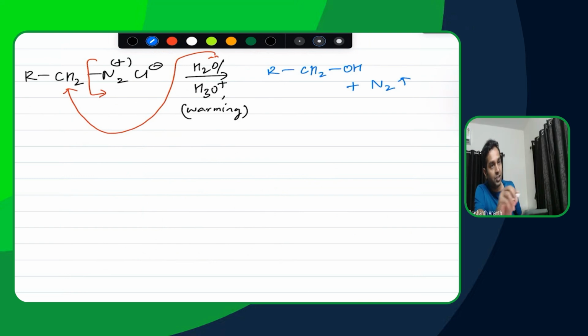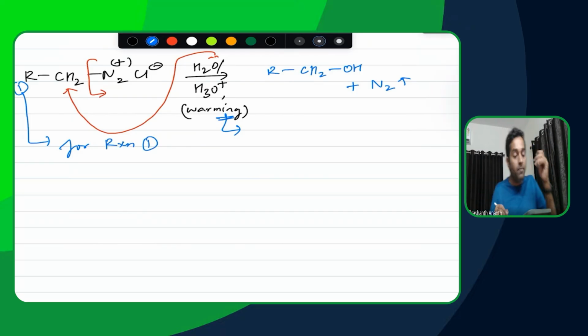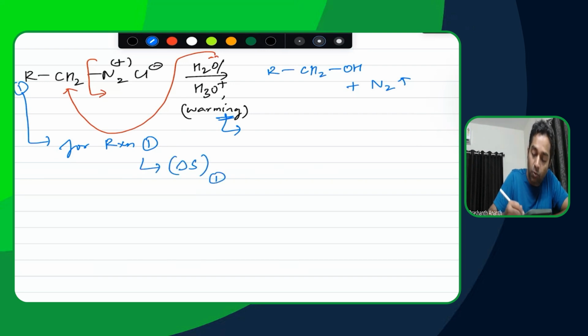So this reaction will be something where warming helps. Why is this helpful here? Because for the overall reaction, let's call it reaction 1. For reaction number 1, delta S of reaction 1 is positive. Why?